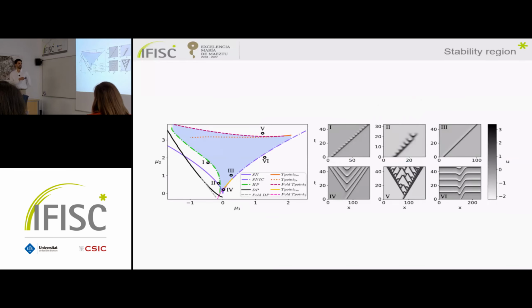So we studied the region in the parameter space where these pulses are stable, here in blue, and also we studied the boundaries of this region. Here, this is the pulse that is in this region, and when we leave this region through different sides, we get different kinds of behavior. Here is an oscillating pulse.